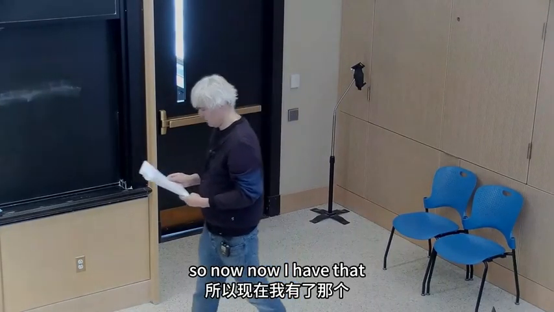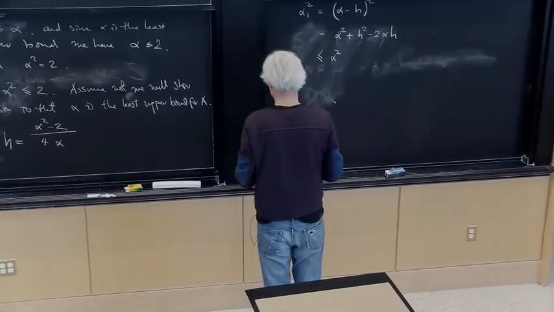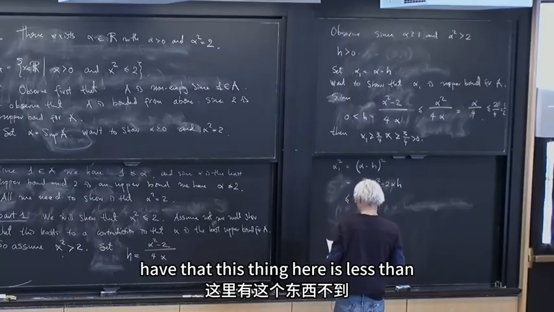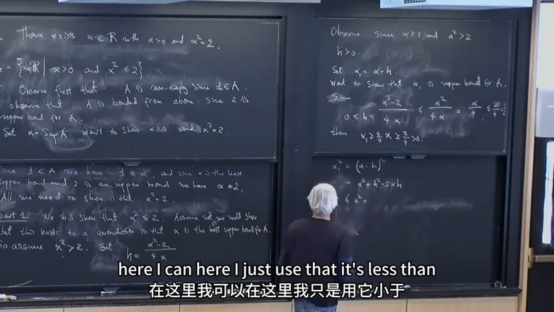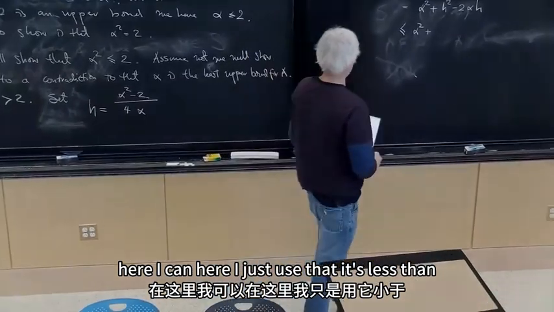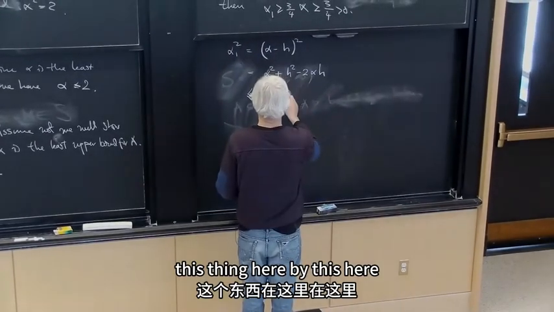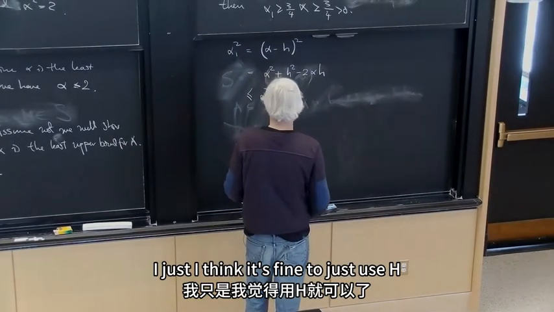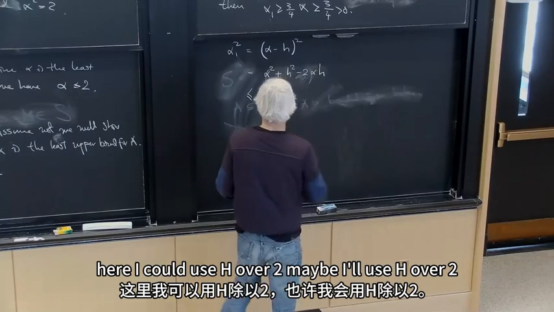So now I have that this is less than alpha squared plus, here I just use that it's less than this. I think it's fine to just use h here. I could use h over 2, maybe I'll use h over 2.